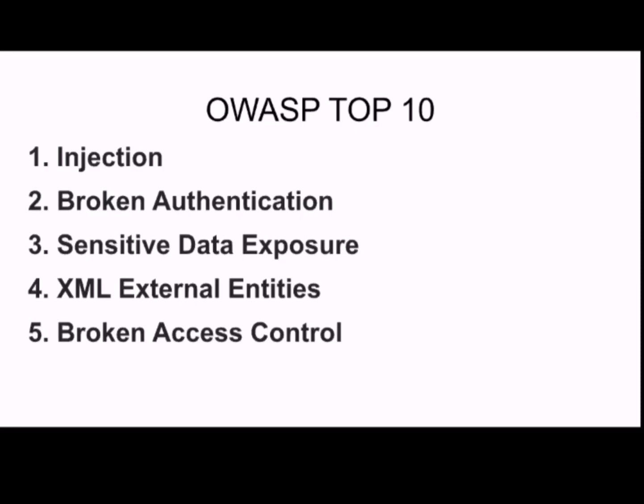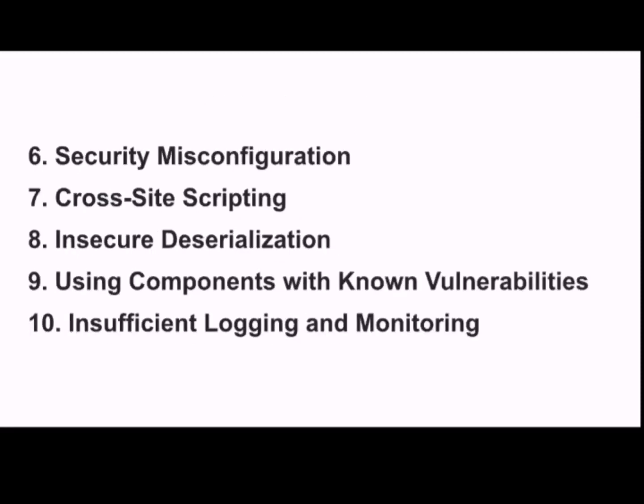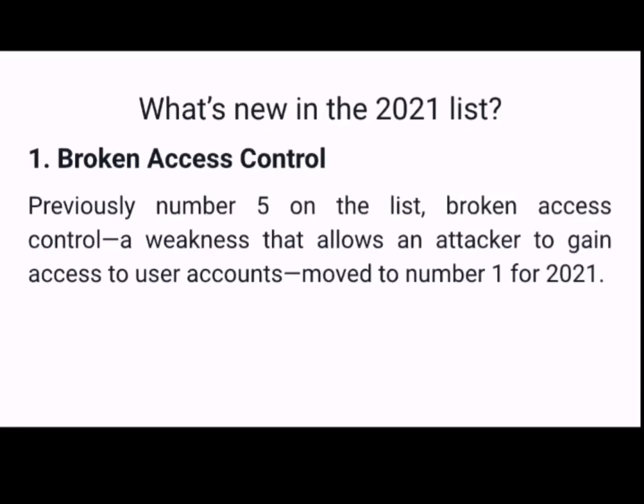The first one is injection, second is broken authentication, third is sensitive data exposure, fourth is XML external entities, fifth is broken access control, sixth is security misconfiguration, seventh is cross-site scripting, eighth is insecure deserialization, ninth is using components with known vulnerabilities, 10th is insufficient logging and monitoring.